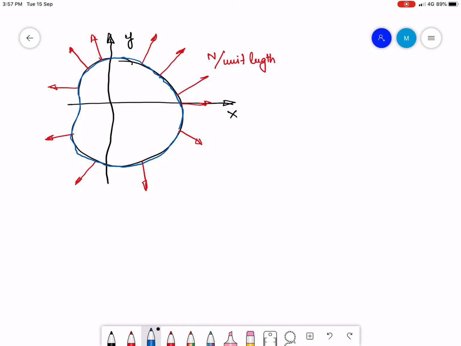Okay, so this entire edge is supported, and the shape of this membrane is same as the shape of the cross section of the shaft.